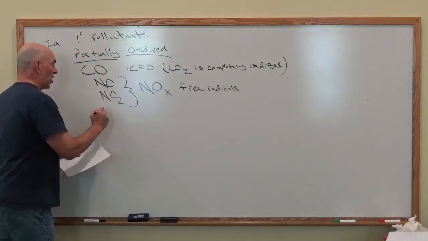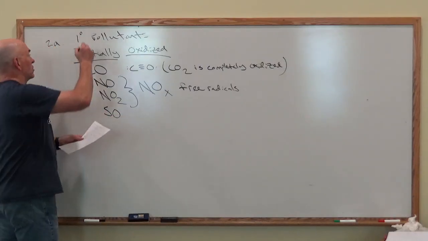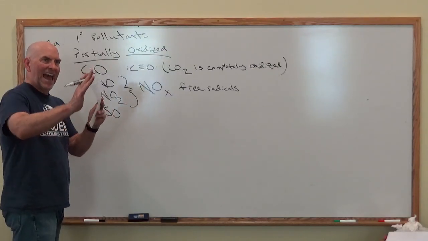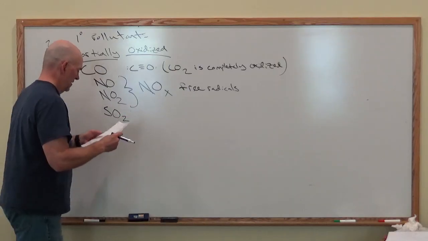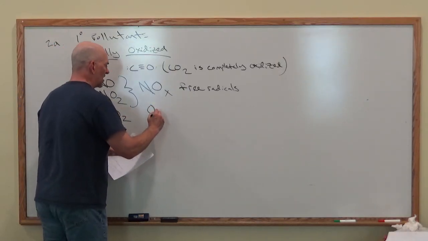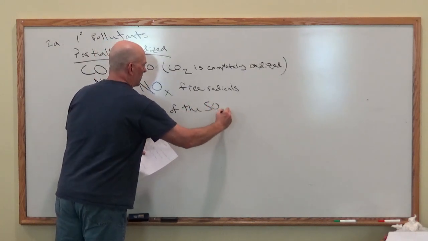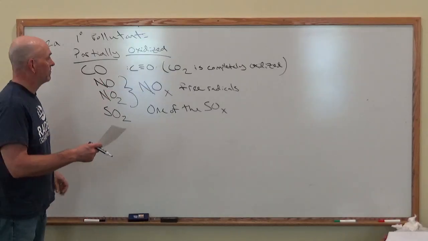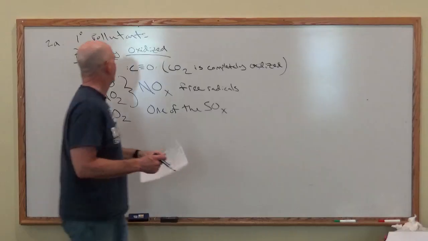Another example of a partially oxidized primary pollutant, again, these are ones that are emitted directly into the atmosphere. They don't have another reaction that makes them a pollutant, is sulfur dioxide. And oxides of sulfur are collectively called SOx, NOx and SOx. Fine. And those are called partially oxidized primary pollutants.